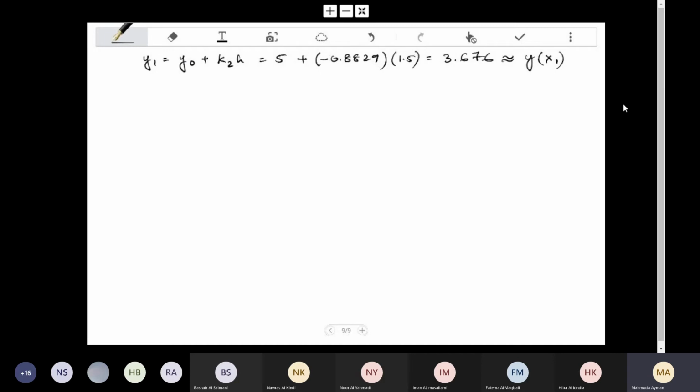So again, I'll draw the table down here for the midpoint rule now.